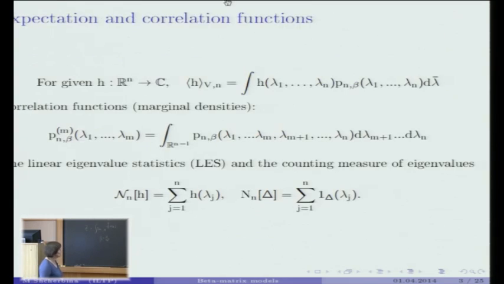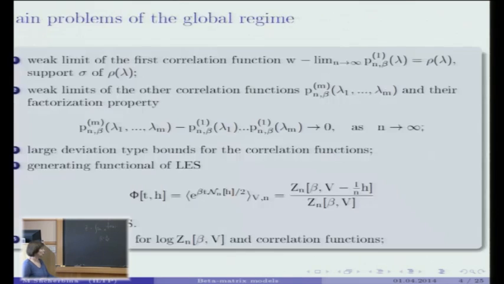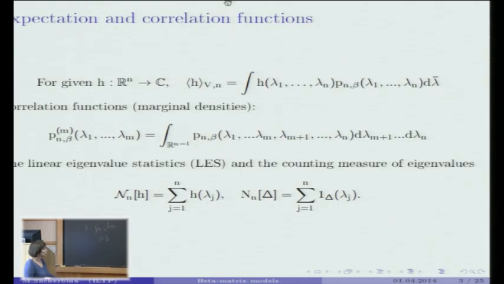A few more definitions. I will denote by expectation with angle brackets the expectation with respect to my probability measure. Also there are correlation functions, or marginal densities: when you have this distribution, you just integrate with respect to the extra variables. If you want the correlation function of lambda 1 up to lambda m, you should integrate with respect to lambda m plus 1 and so on.